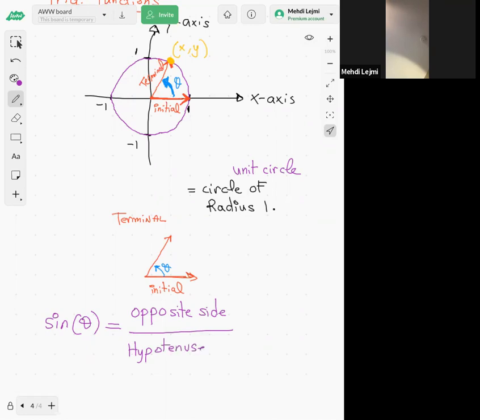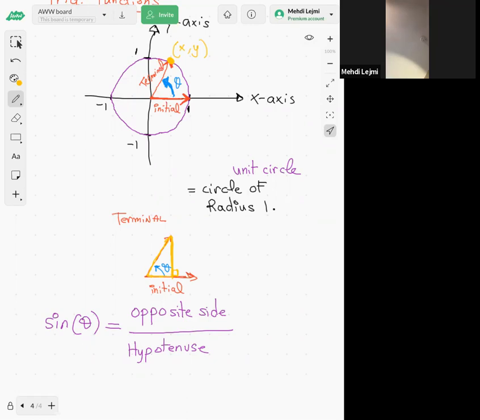You have this right triangle here, with a right angle here. So we have this right triangle, the yellow one.